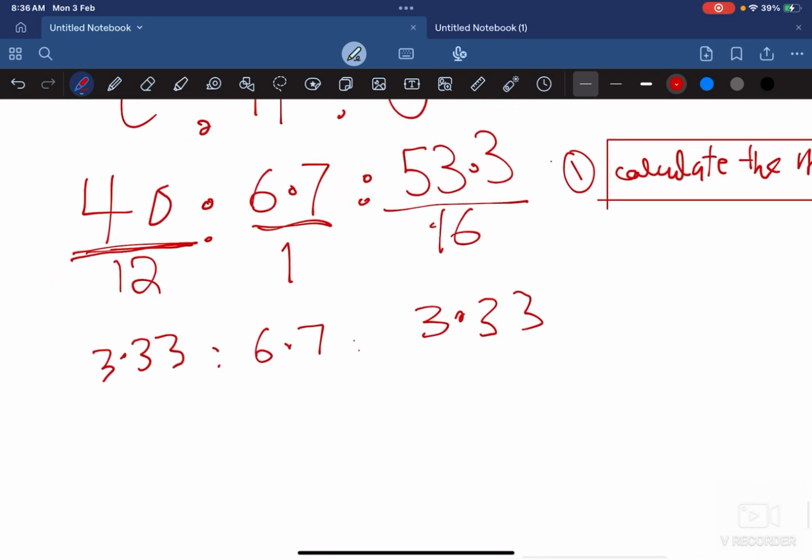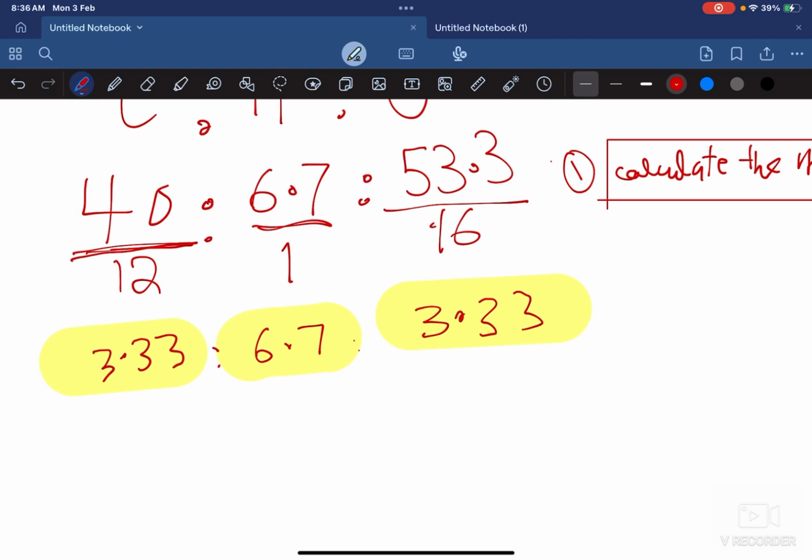Now let's move on to step 2. Step 2 is divide all the values, all the moles, by the smallest value. ठीक है? अब इन तीनों में, what is the smallest value? Obviously 3.3 is smaller than 6.7.